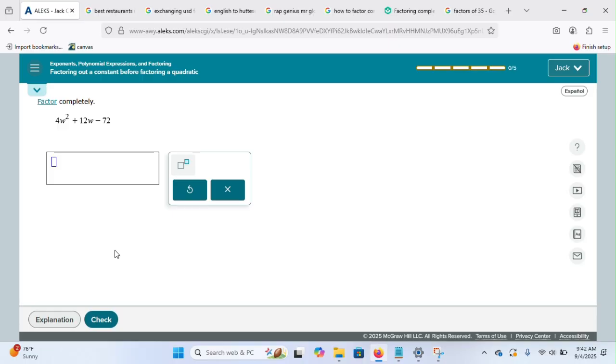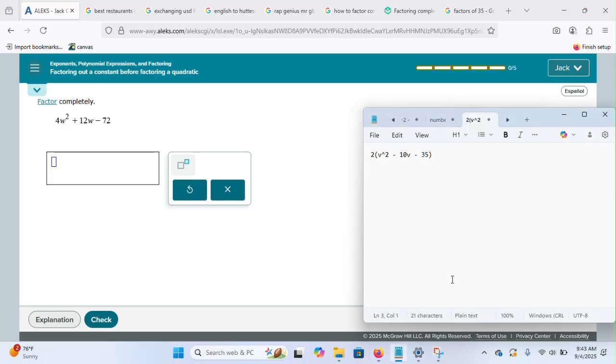We see that this has a common factor of 4, right? Because 12 and 72 are both divisible by 4.